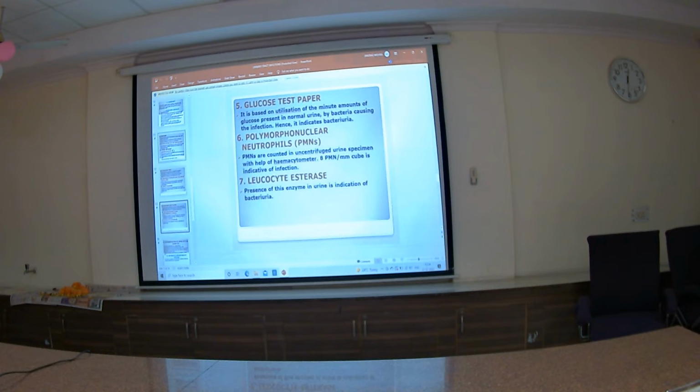Next, the presence of leukocyte esterase. This is an enzyme. Presence of leukocyte esterase enzyme in urine is indicative of bacteria.